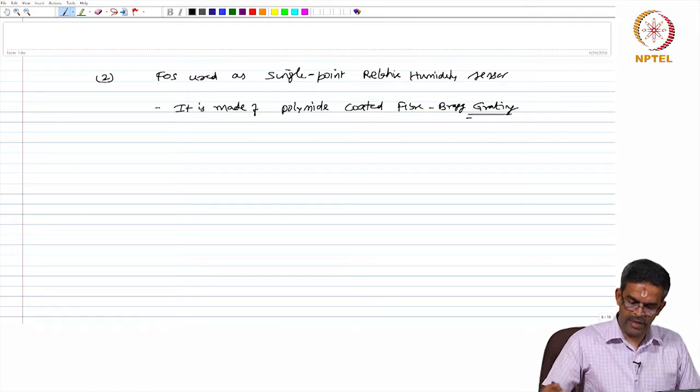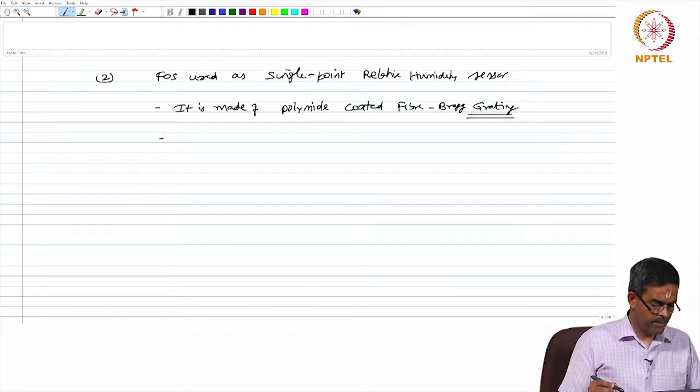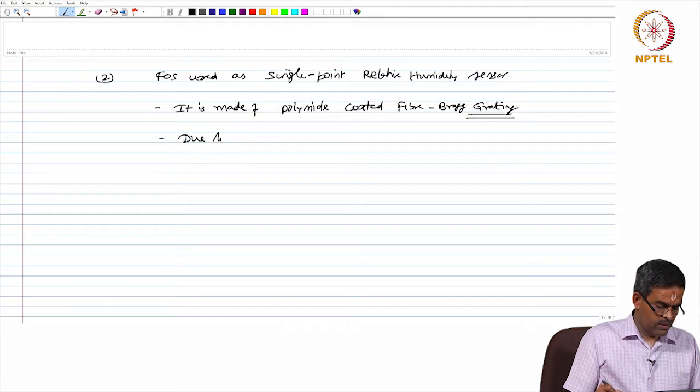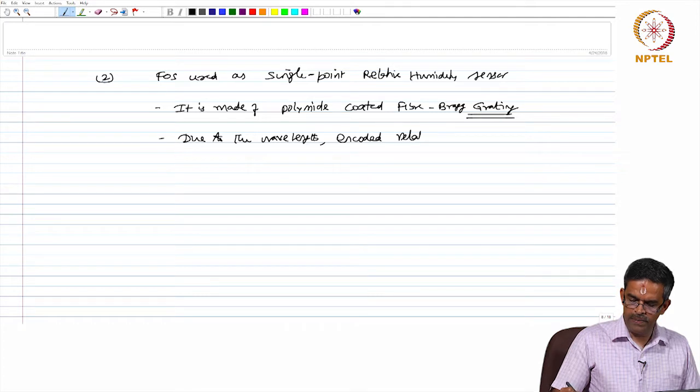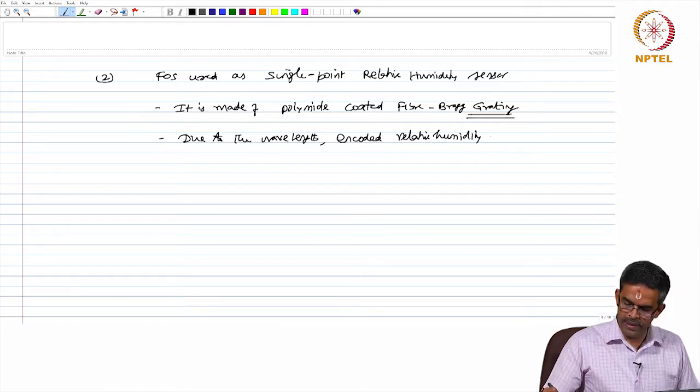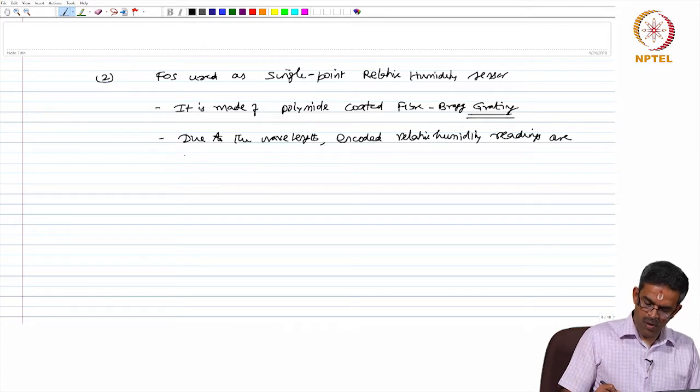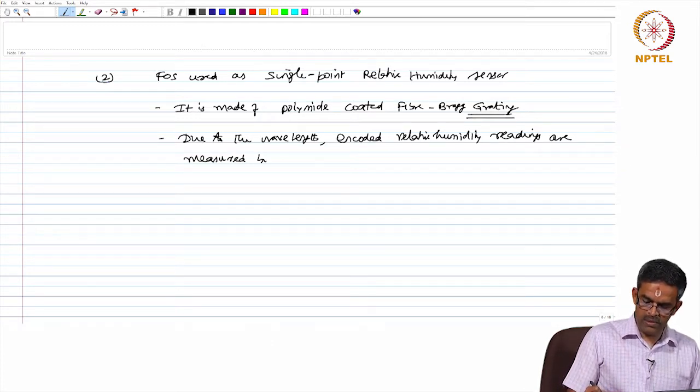It is actually a grating. Due to the wavelength, the encoded relative humidity readings are measured by the sensor.